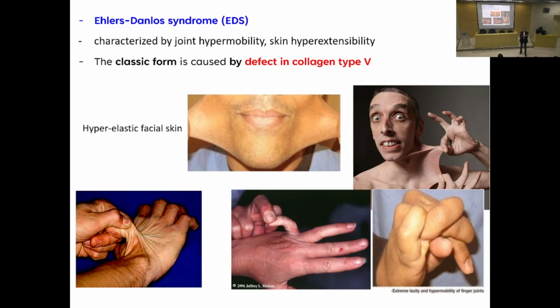But sometimes I watch shows like Britain's Got Talent or American Got Talent, where gymnasts articulate their bodies as if they don't have bones. I'm really suspicious that they may have some kind of collagenopathy which gives them this elasticity in their body.